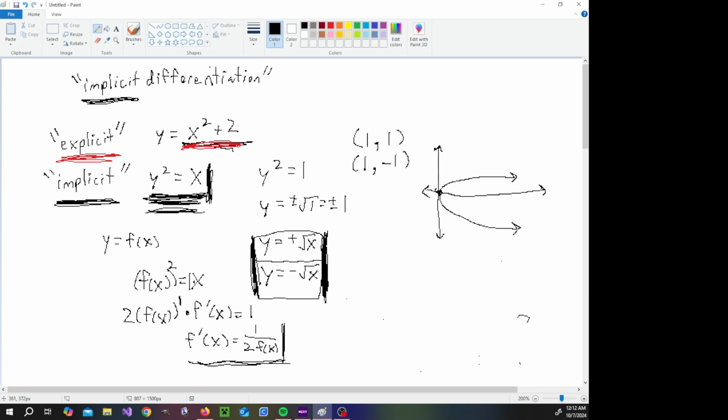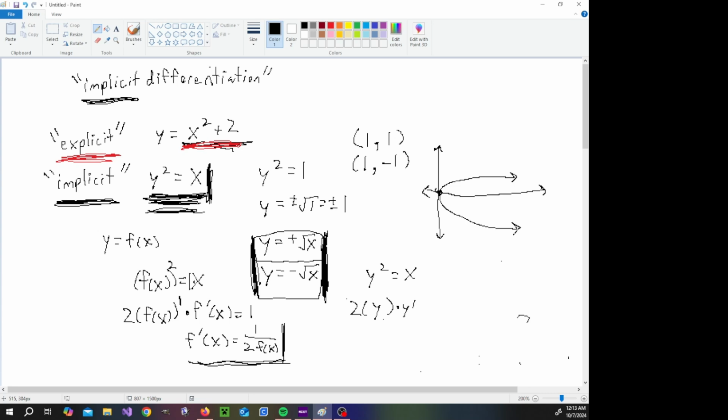So really, I'm going to redo this question with the notation that we're going to be using when we do our implicit differentiation, right? I'm going to leave it with y and say, okay, well that's the chain rule because y is always a function for us unless the question says something weird and different. So we have a chain rule and the power rule on the outside, so the 2 comes out front, and then the derivative of the inside.